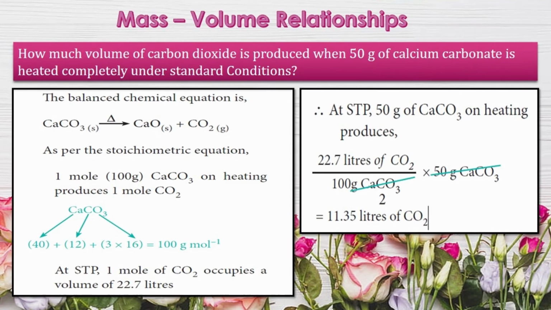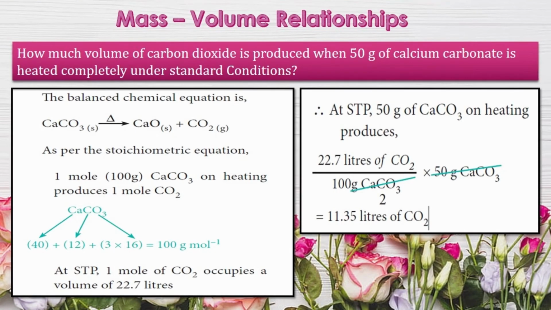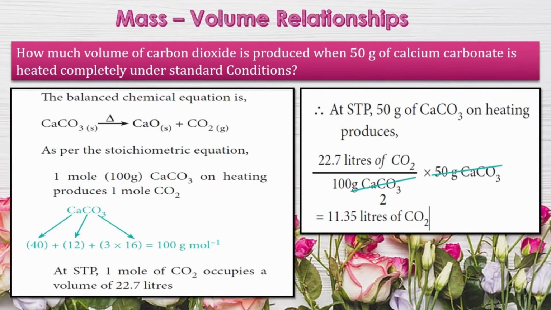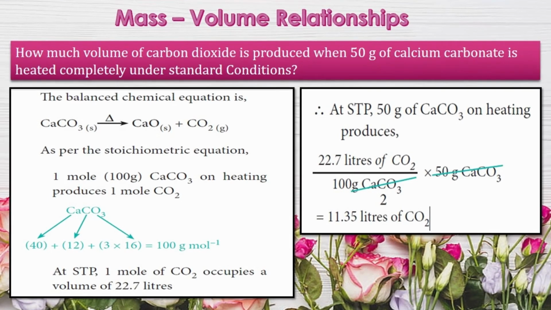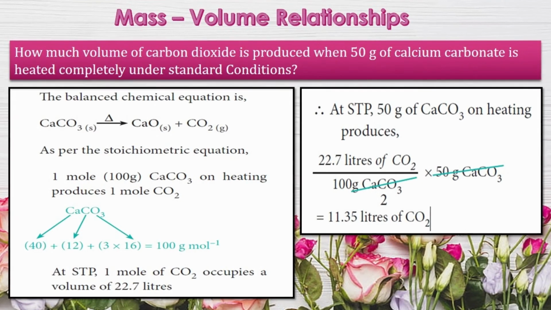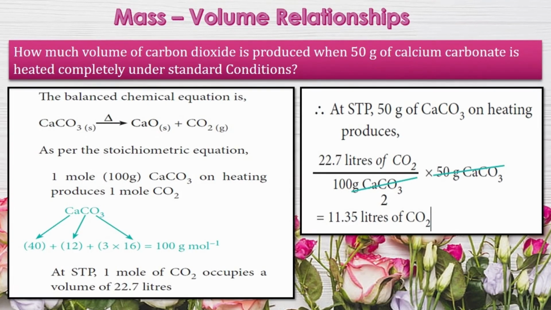So the first step is you have to write the balanced chemical equation. Calcium carbonate will decompose to give you calcium oxide and carbon dioxide. So according to the balanced chemical equation, 1 mole of calcium carbonate will give you 1 mole of carbon dioxide.